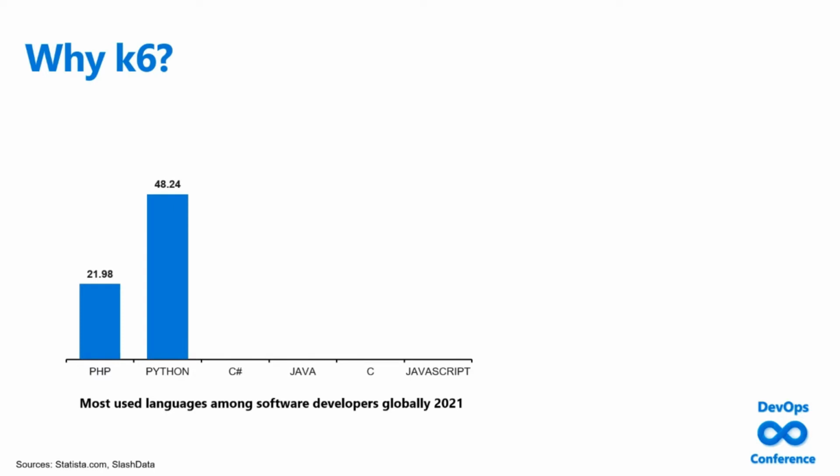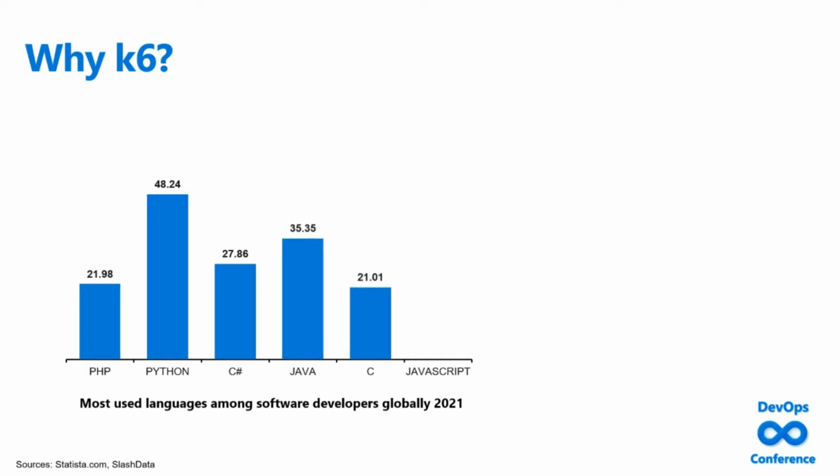If you think about artificial intelligence, Python became one of the most common programming languages. Then we have C#, Java, C, which is very low, 21, and 64% said JavaScript. Almost 65% said JavaScript.